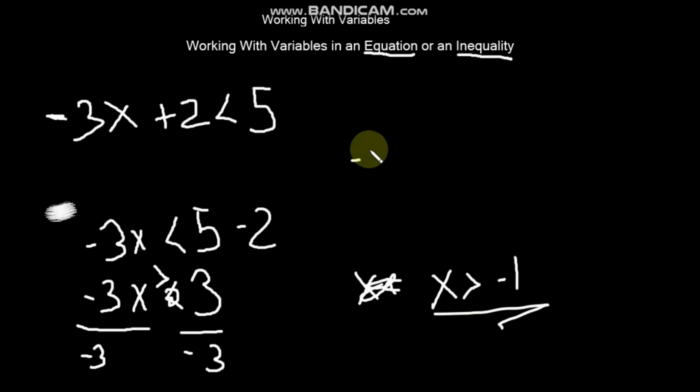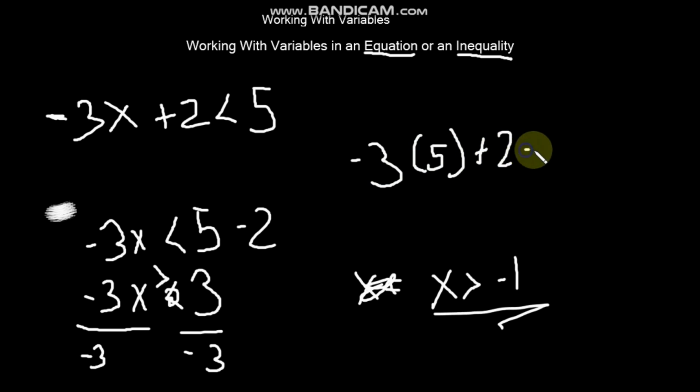So negative 3 times 5 plus 2 is less than 5.